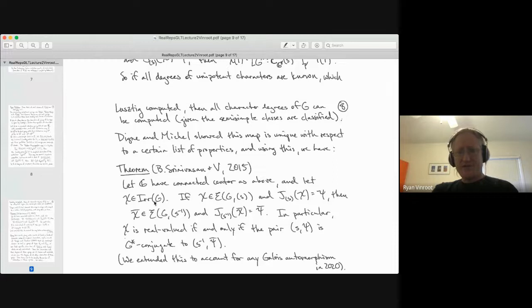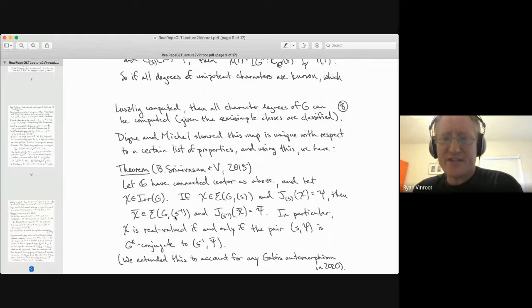The result is essentially that complex conjugation behaves well over this Jordan decomposition map. So if you have a character chi that is mapped to a unipotent character psi under this bijection, and you look at the complex conjugate, well, one, this isn't so hard to show: it's in the Lusztig series that's determined by the semi-simple class of s inverse.